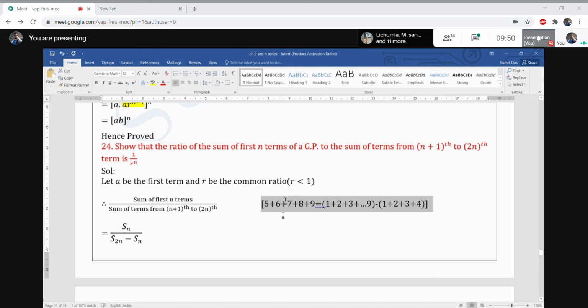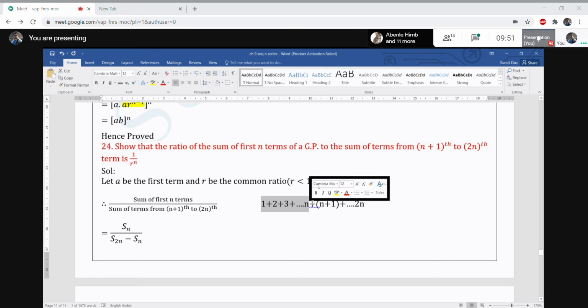Understood? Here is 1 plus 2 plus 3 up to n, plus n plus 1, similarly up to 2n. What I'll do is first find the sum of 1 to 2n, then I'll remove the first n terms.